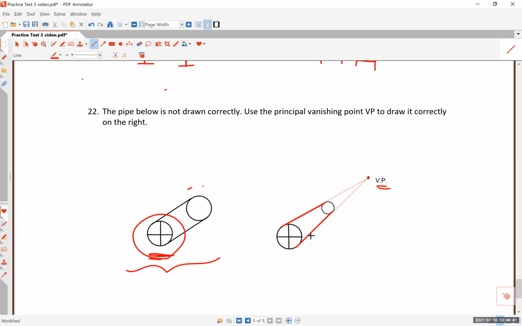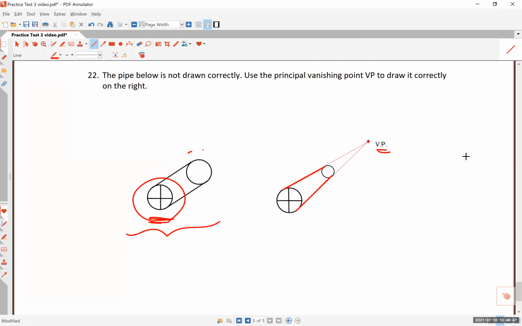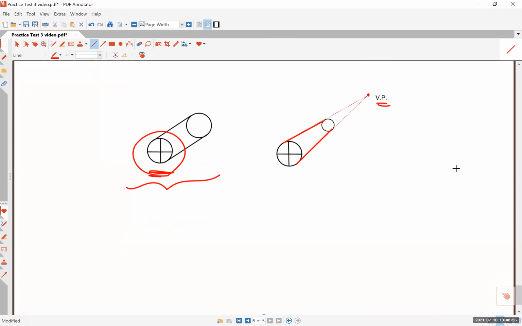You want to make sure that these 2 edges, if extended, would reach the principal vanishing point. If I were you, I would leave these dotted lines so it's clear that these lines extend to meet at that principal vanishing point. And it does look more realistic, because this is drawn to perspective.